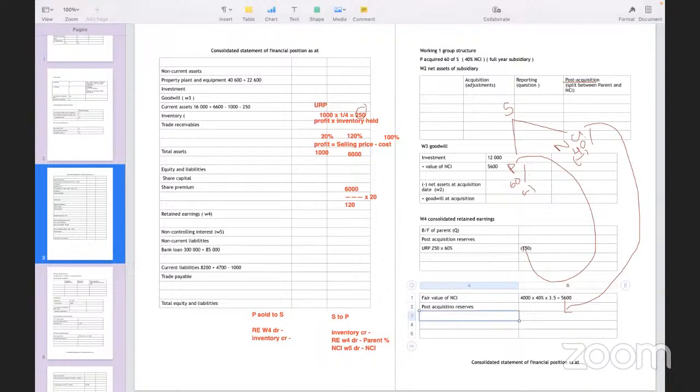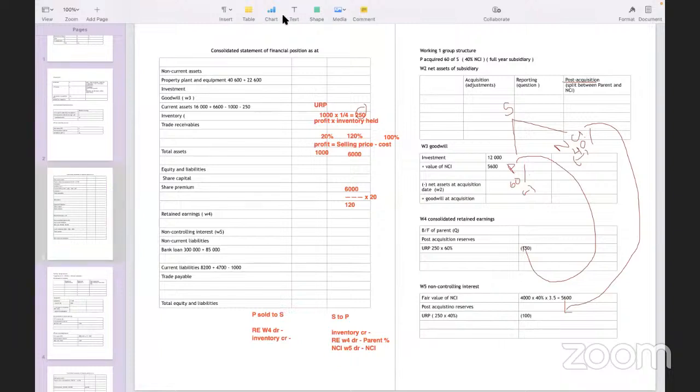You go to NCI and write URP, 250 times 40%, so remove 100 from it. This is how the double entry is done if the subsidiary is the seller. There will be two debits, here and here. You remove the profit according to the ownership percentage. This is how it's supposed to be done.